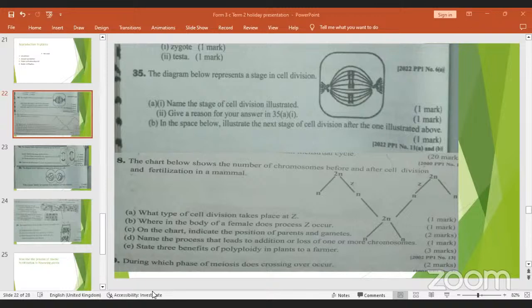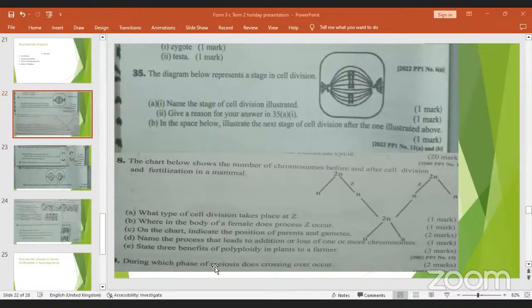You talk about homologous chromosomes. Homologous chromosomes are chromosomes that exist in pairs. So you'll find them associating themselves in pairs until they are separated. So that's why we don't just say it's metaphase, but we say that it is metaphase 1.